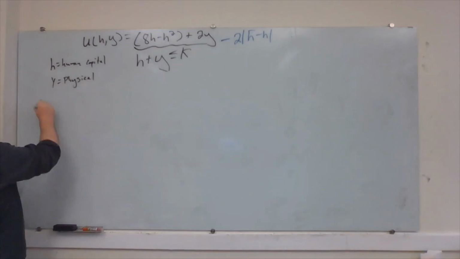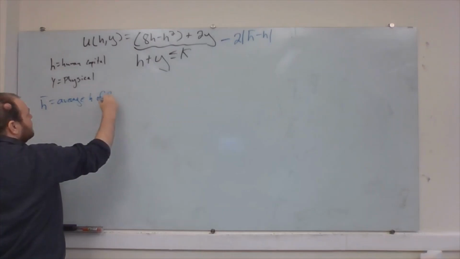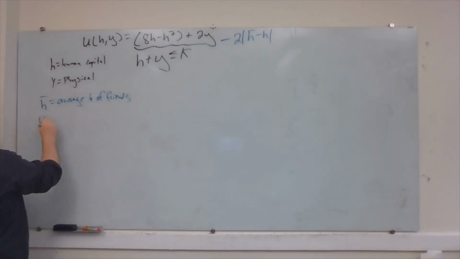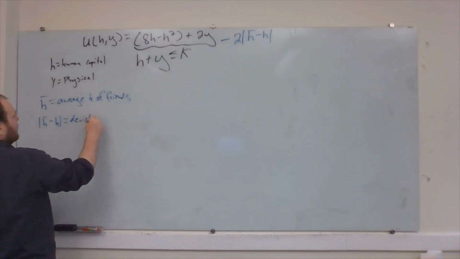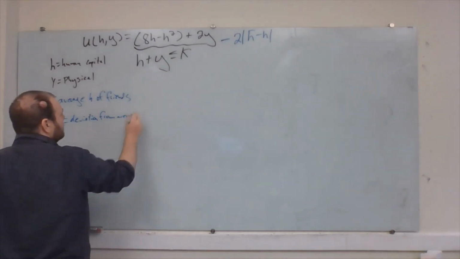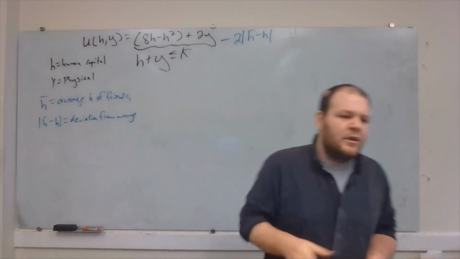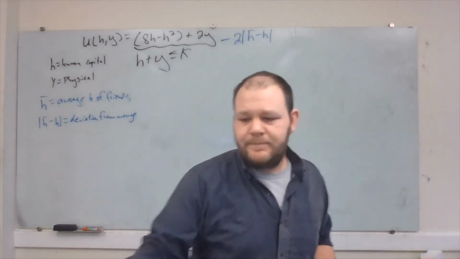So we've got, again, h bar, the average human capital of friends. Let's say the absolute value of h bar minus h is the deviation from average. Okay.